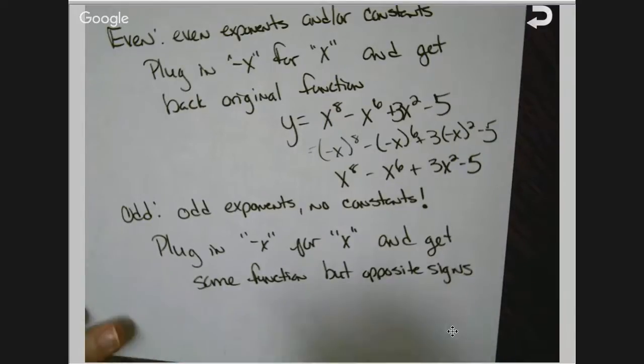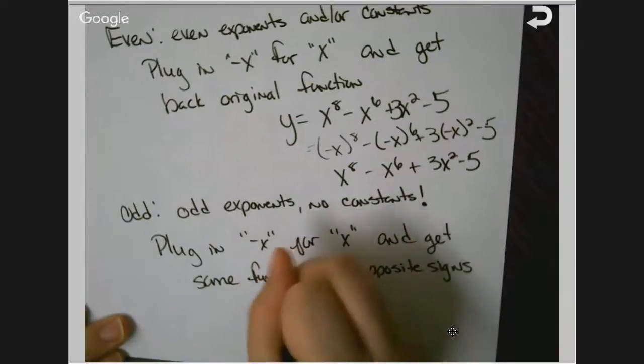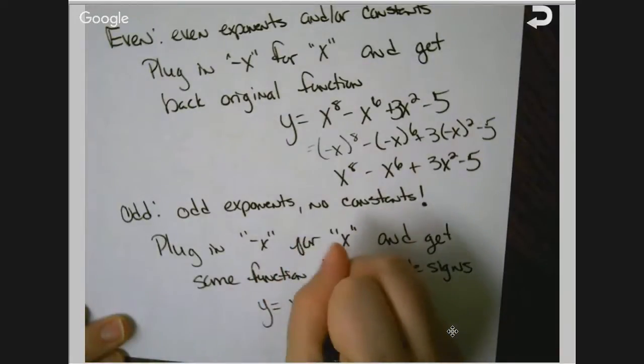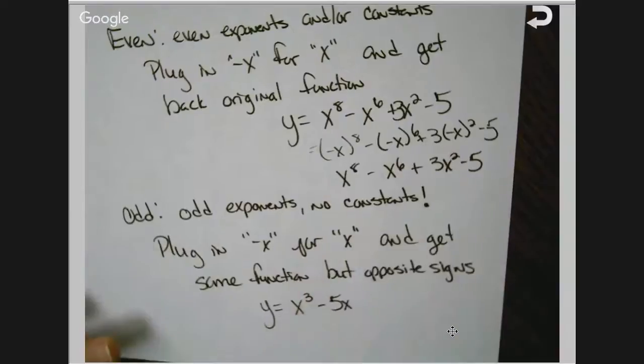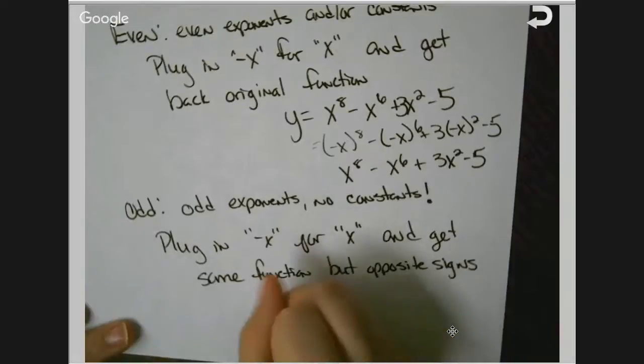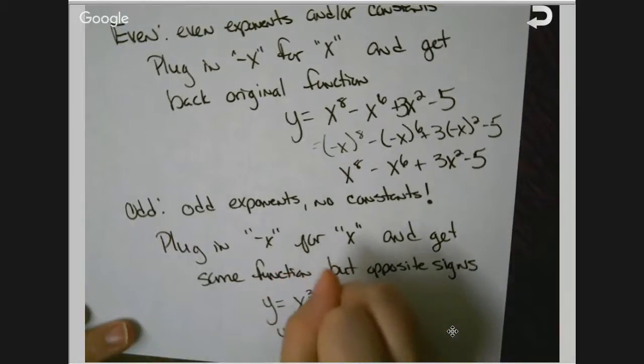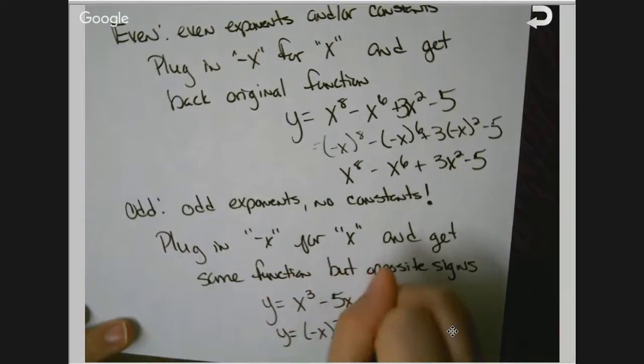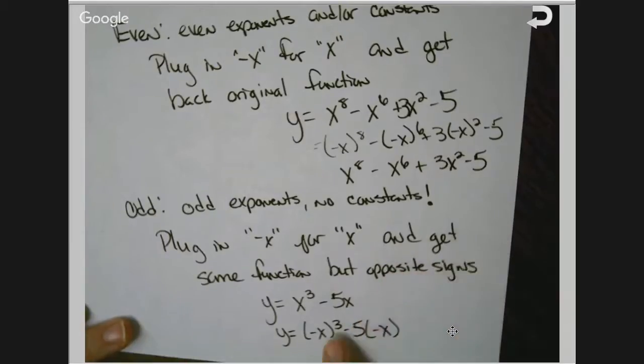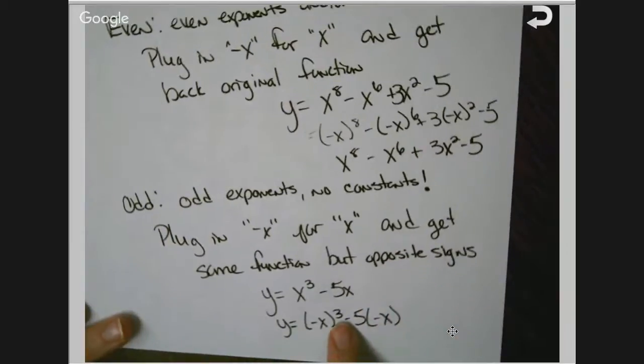Okay, so an example of that would be y equals x cubed minus 5x. So I plug in negative x. Odds cannot change the sign back to positive.